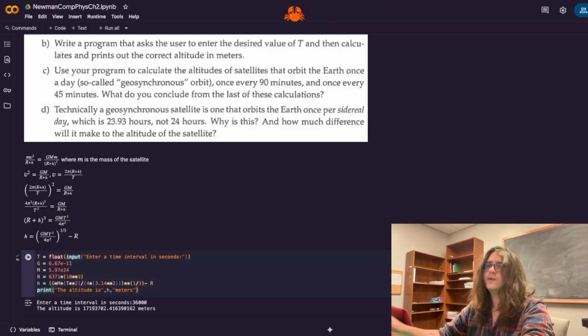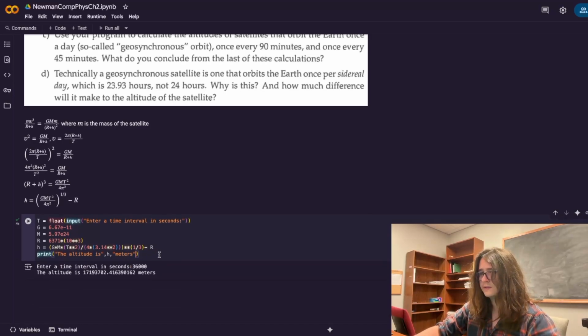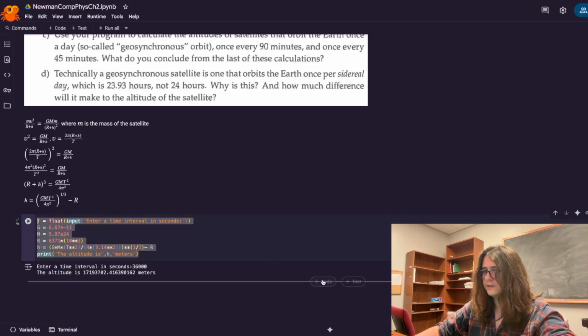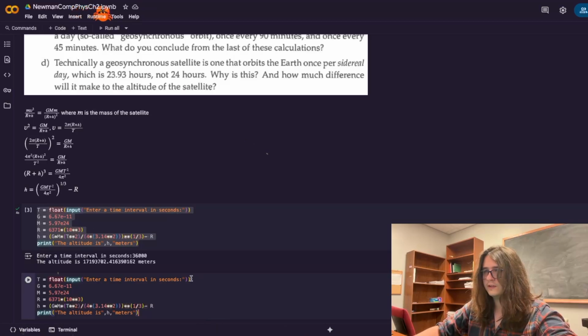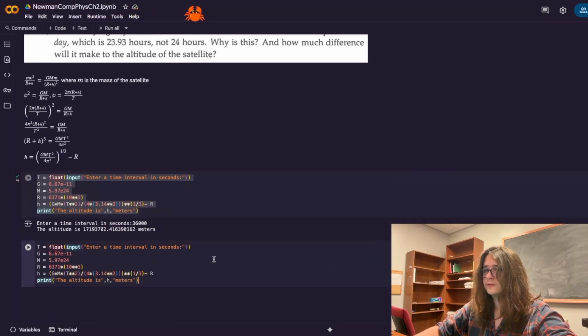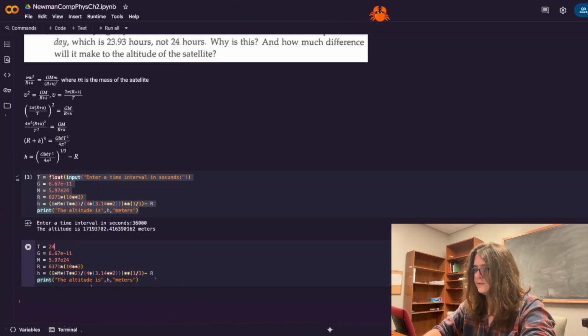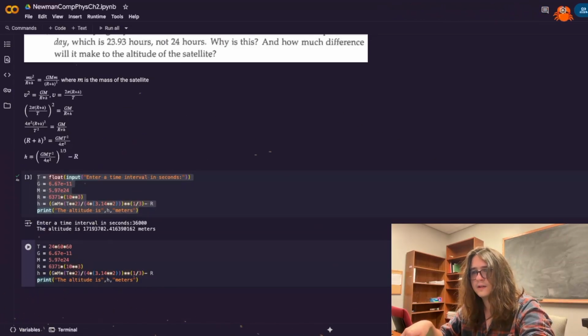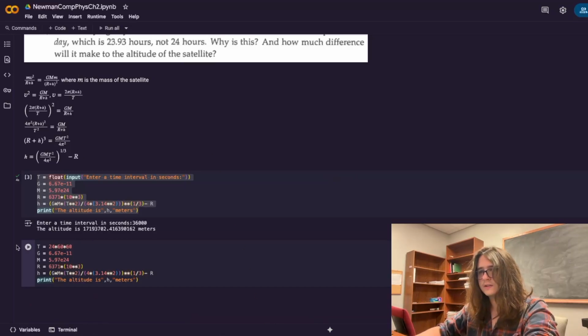That's fine. Now we have to use the program to calculate the altitudes of satellites that orbit the Earth once a day, once every 90 minutes, and once every 45 minutes. So let's just take this and make another cell to calculate specifically 24 hours. 24 hours times 60 minutes in an hour times 60 seconds in a minute should give the correct time interval.